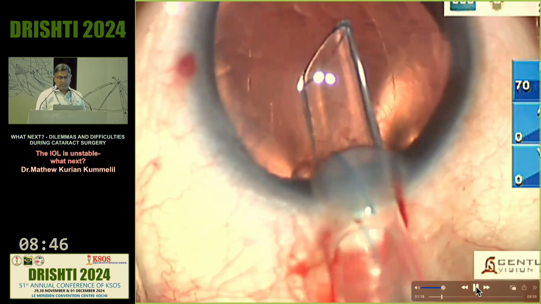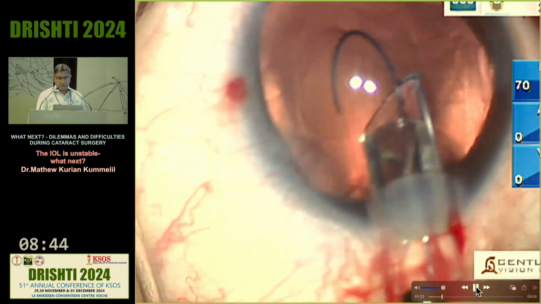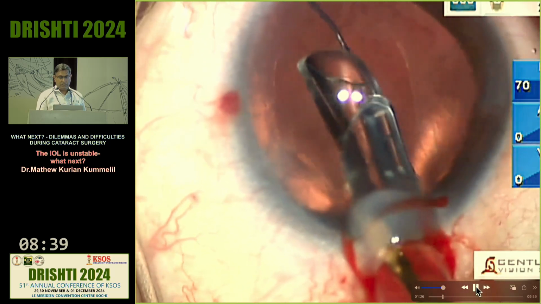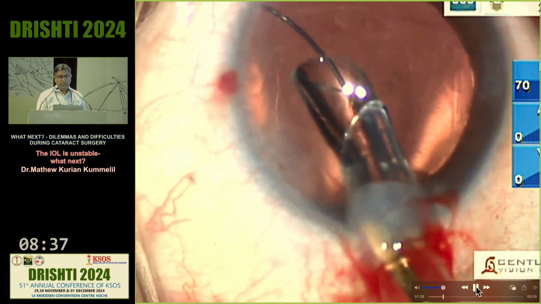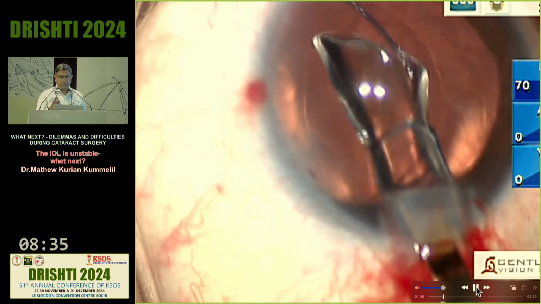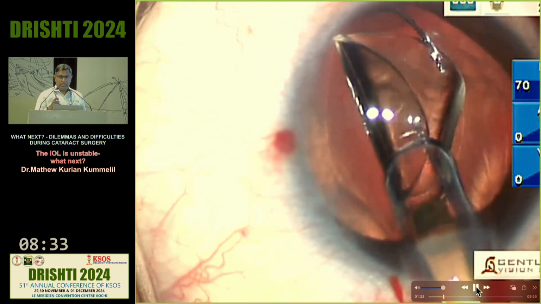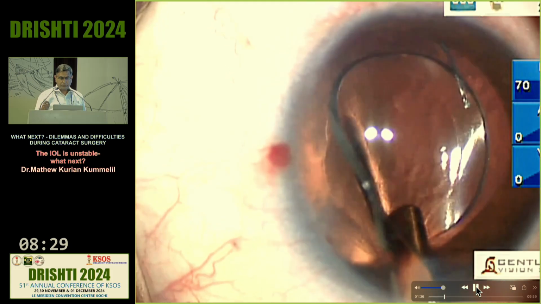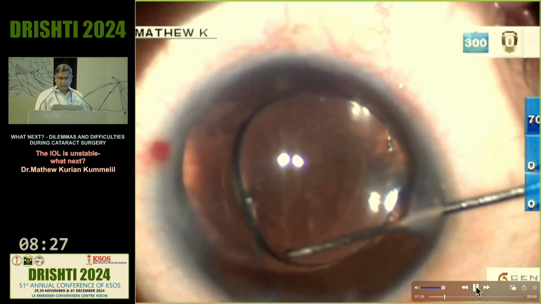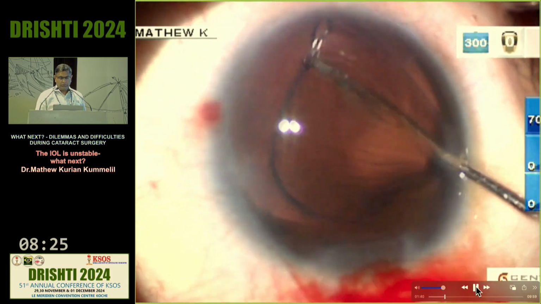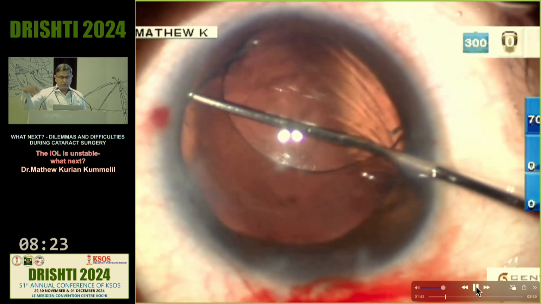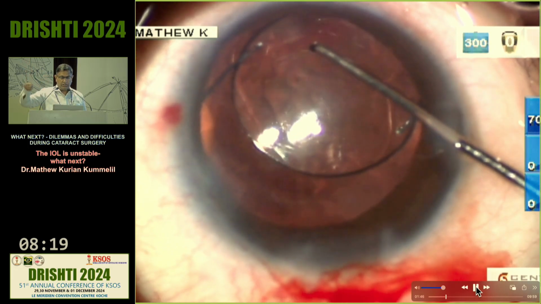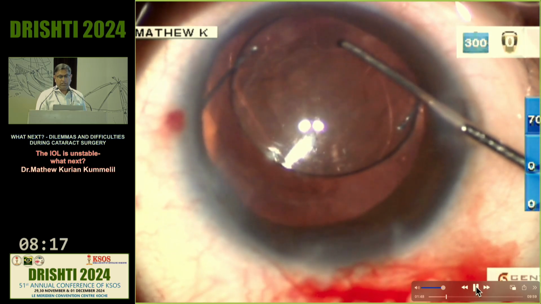But the reason why this reverse optic capture was required was, you see the leading haptic, it was bent over. It should have been straight, and it would not have caused any problem. It was bent over, and so there is a little time as it is unfolding when it is still like a knuckle there. Up to now it looks good, but you can see that when you are dialing, it just goes off very much into the periphery, and that bent knuckle actually hits the posterior capsule and creates a rent.